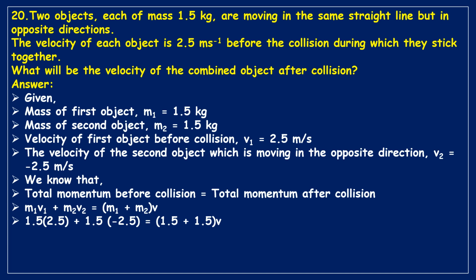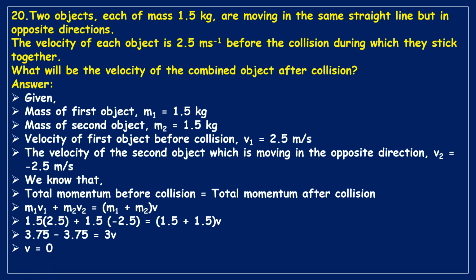Again, m2 is 1.5, and v2 is minus 2.5. Then finally you get 1.5 into 2.5, that gives 3.75, minus 1.5 into 2.5, again 3.75, equals (1.5 plus 1.5) V, which is 3V.